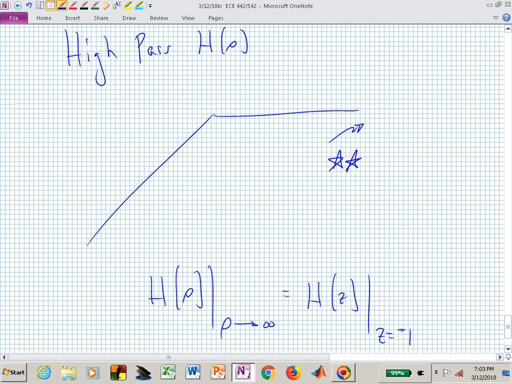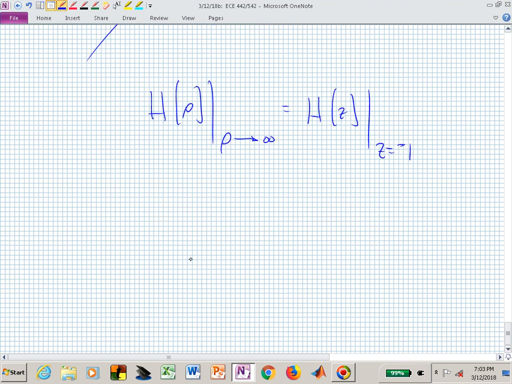If you had some kind of bandpass behavior, you could actually start finding some frequency. That might be at J50. It's 50 in terms of frequency, and you now just say H of J50, and that gives you a value. And you might want to just take the magnitude of that and then match the magnitude of H of Z at that same 50, and hopefully that 50 is consistent with your sampling frequency.